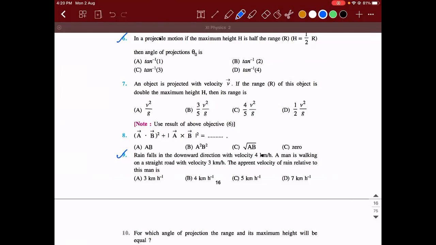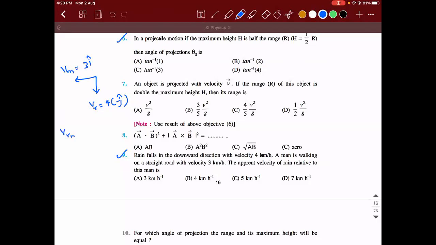So rain is falling in the downward direction with a velocity of 4 km per hour. So velocity of rain is minus 4 j cap. A man is walking on a straight road with a velocity of 3 km per hour. So velocity of man is 3 i cap. Now they're asking the apparent velocity of the rain with respect to man.